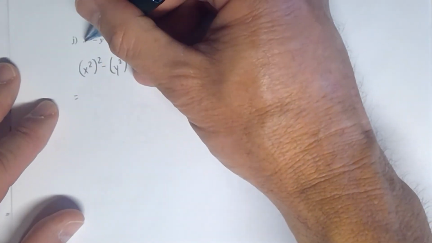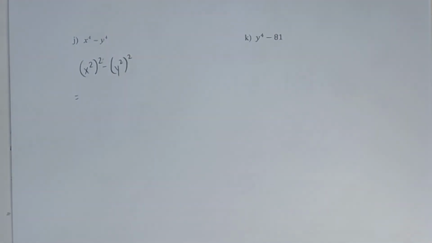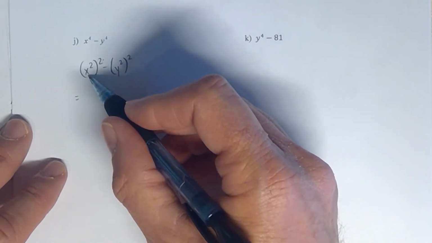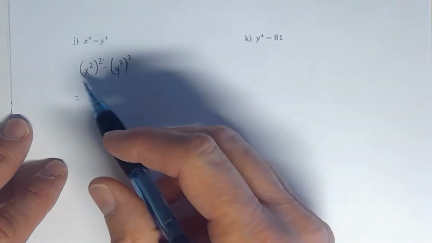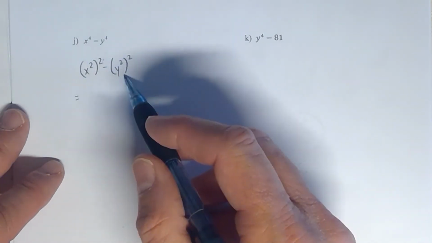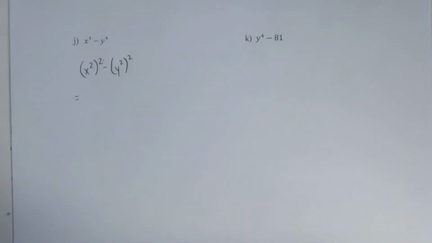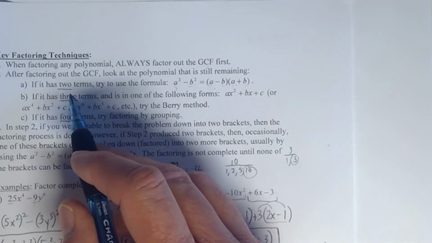And the coefficient is 1, so 1 squared is 1, so that fits as well. So we were able to find what goes into each one of those brackets. Why am I doing this formula? It's because it's 2 terms. Remember, we try to do the a squared minus b squared formula whenever we have 2 terms.